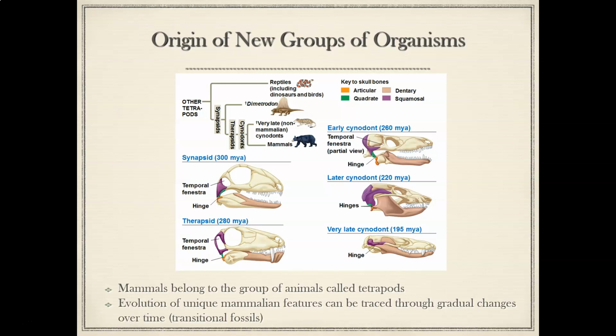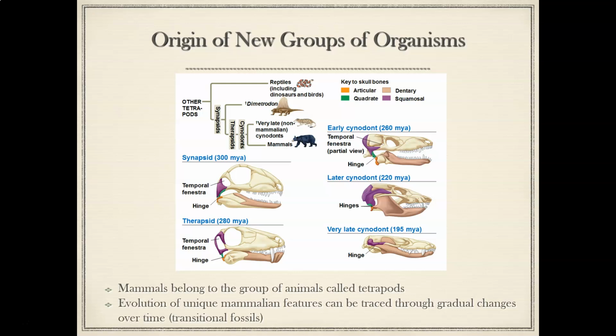Nice thing about the fossil record when we find it are these things called transitional fossils. They're not necessarily overly abundant, but they're incredibly exciting when we find them. So transitional fossils really are just these fossils that we find in layer upon layer upon layer, oldest being at the bottom, newest being at the top, and we can see these chronological changes in their structure over the course of that fossil record.